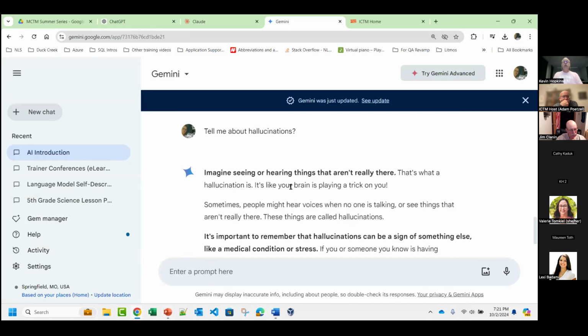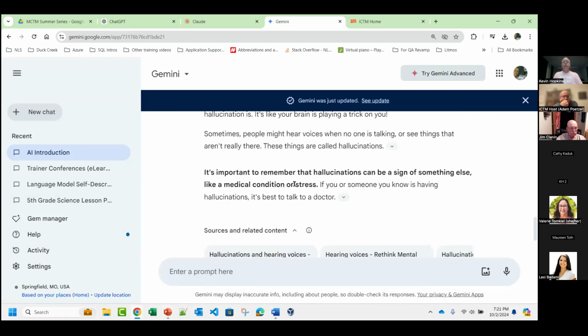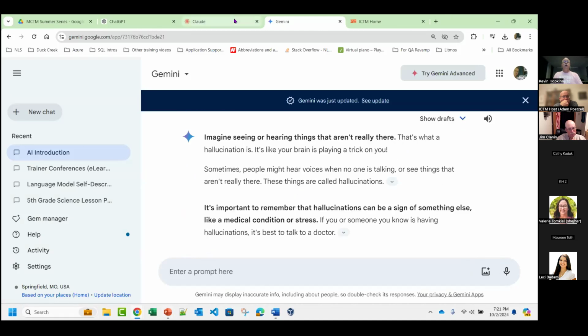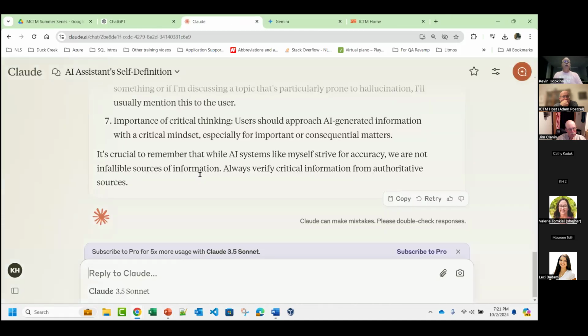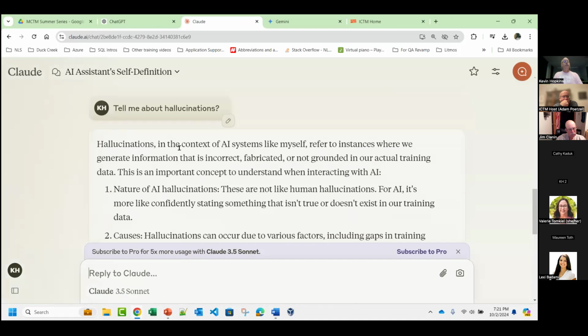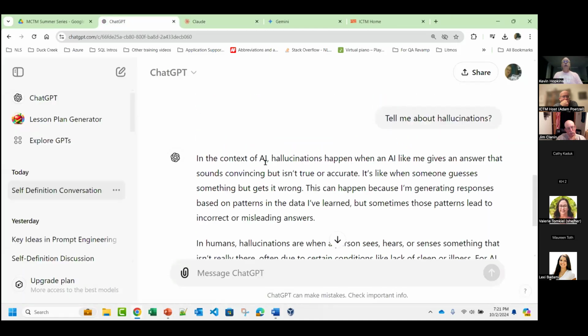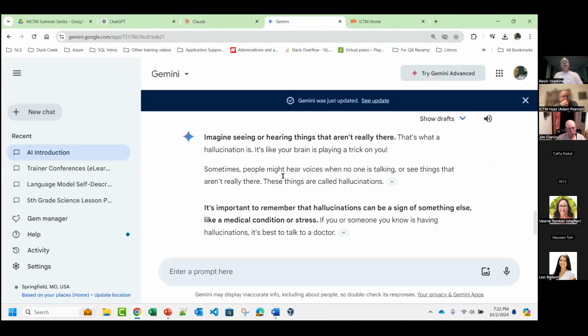Gemini starts telling me about hallucinations, just in general, whereas Claude talks about hallucinations in the context of AI systems, and ChatGPT in the context of AI hallucinations. So Gemini's answer was correct. That is a little bit of hallucinations.